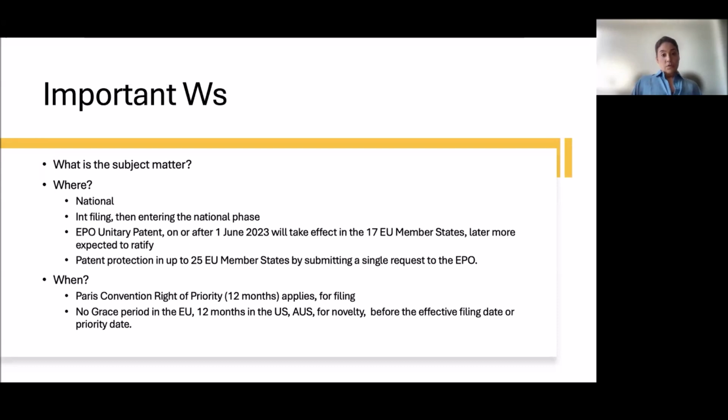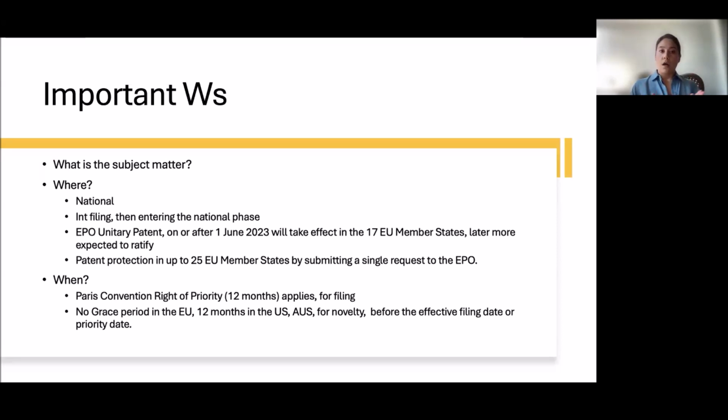As of June 2023, EPO had the unitary patent and the unitary patent court. So the unitary patent is a single filing with an effect in EU member states. So it's a single patent. You don't have to enter into the national phases if they are EU member states.